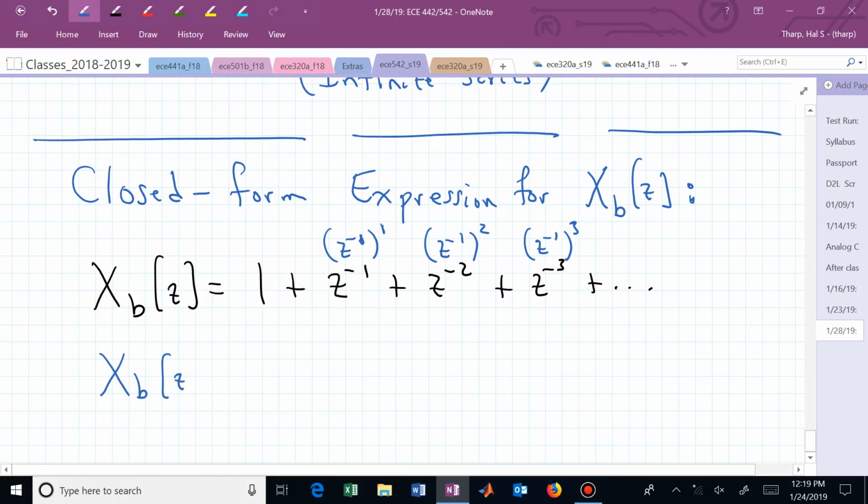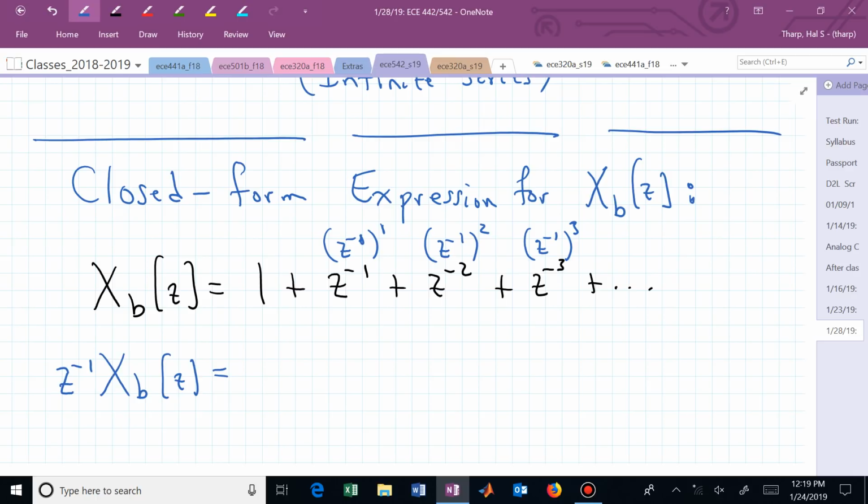Now, reminding ourselves of what we've done before, let's go ahead and, for starters, just write down x sub b of z, but we can get something similar to the first row that we wrote down by simply multiplying this by z to the minus 1, or a common ratio. If we multiply x sub b of z by this z to the minus 1, each term now is just going to have a z to the minus 1 additional factor.